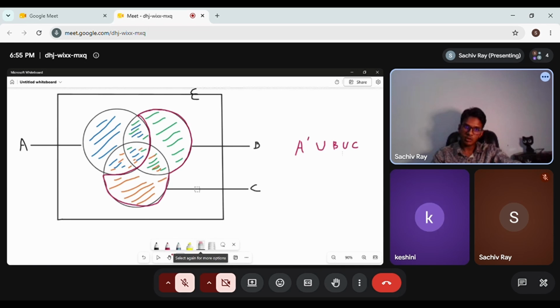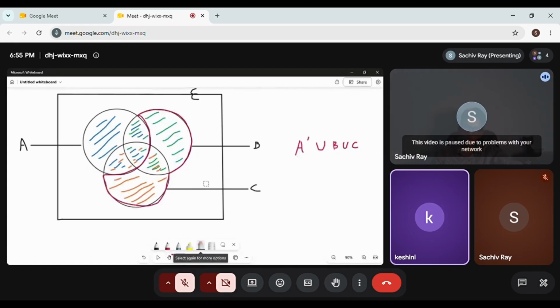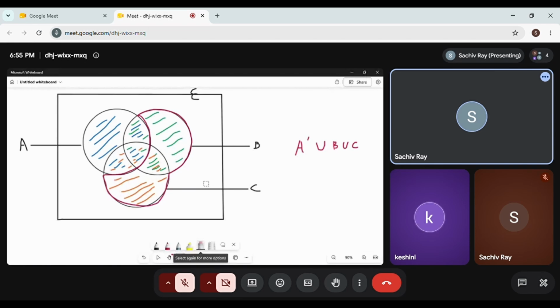Remember, if we said A union B complement, it would have been without A and everything else with the outside part as well. So we can't use union after the A complement. Without union, we have only one option left: intersection. So A complement intersection, we are there.